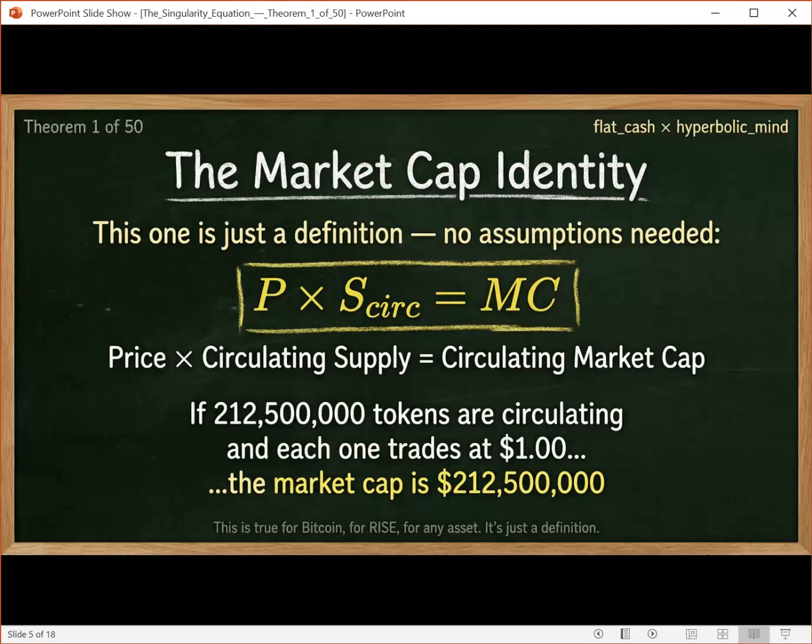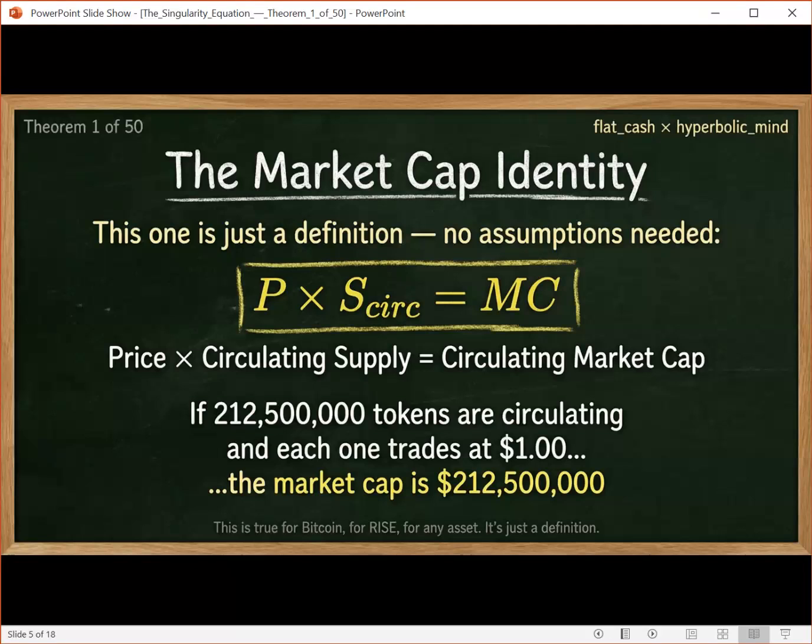Now we all know that market cap identity, right? Today the total supply of Bitcoin is around 19.8 million tokens, and the price is at 69,000. So therefore, the market cap is so and so, more than $1 trillion, right? If you look at the total circulating shares of Apple and multiply by the market price, then you get a market cap.